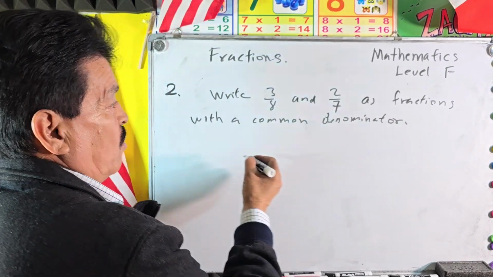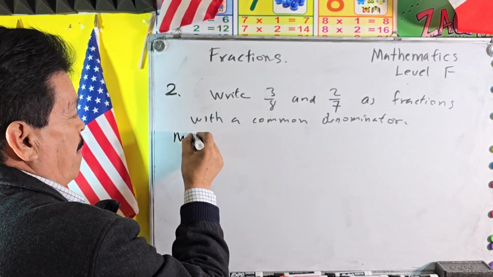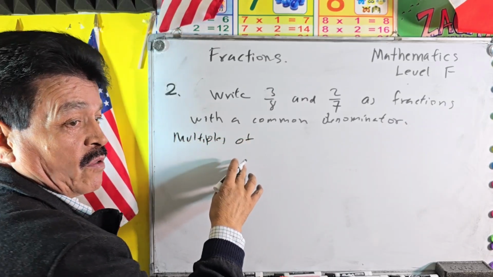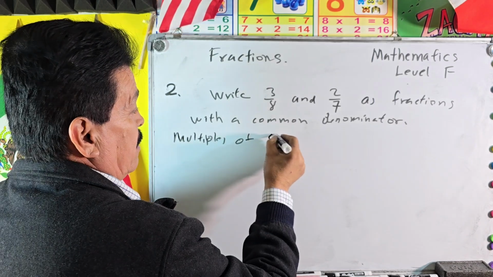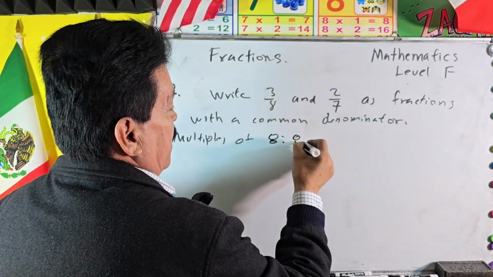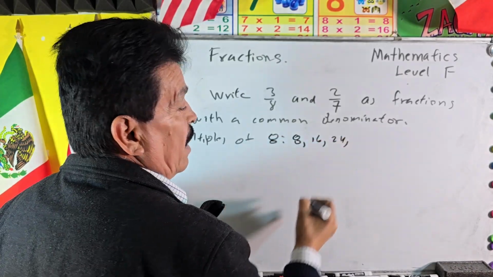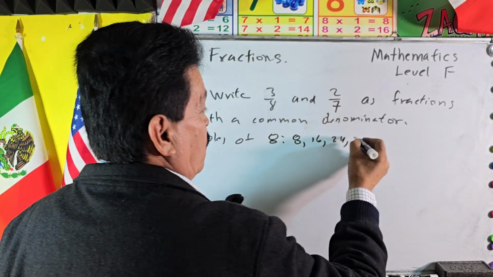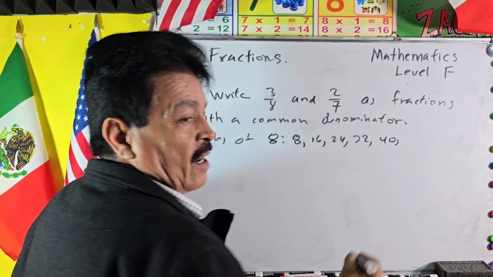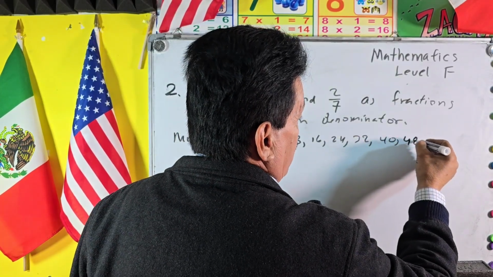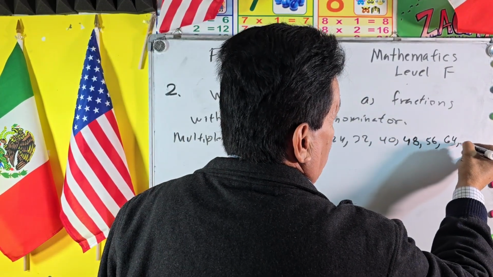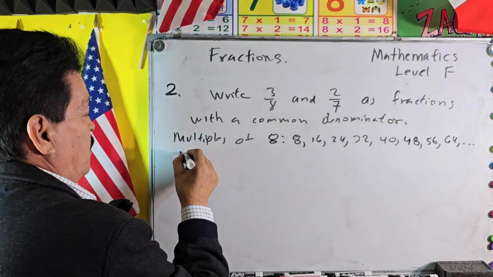So first we have to find the multiples of 8. So we have 8, 16, 24, 32, 40, what else? 48, 56, 64, and so on.